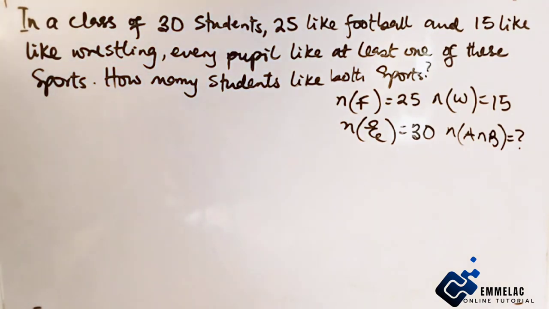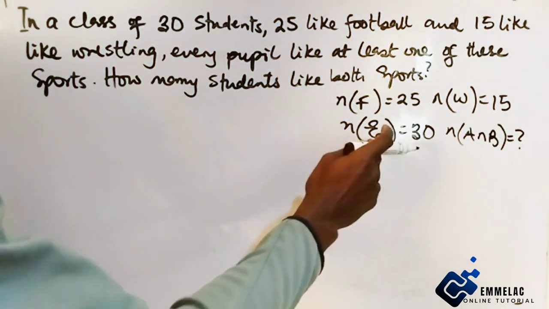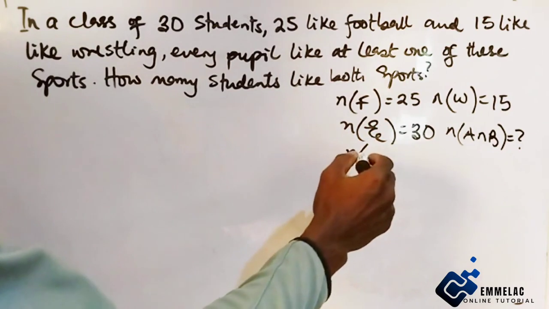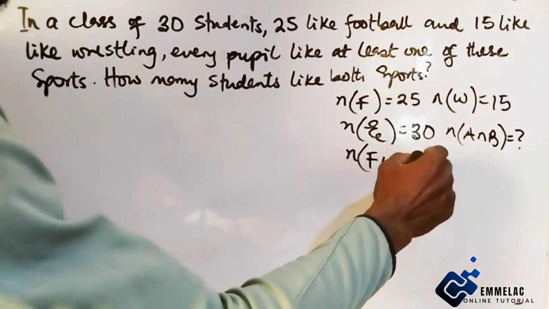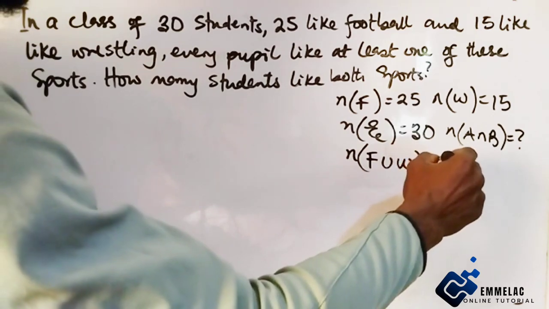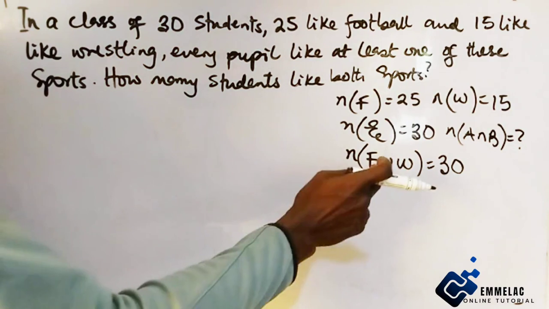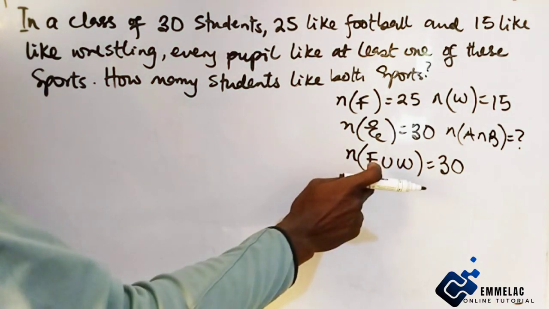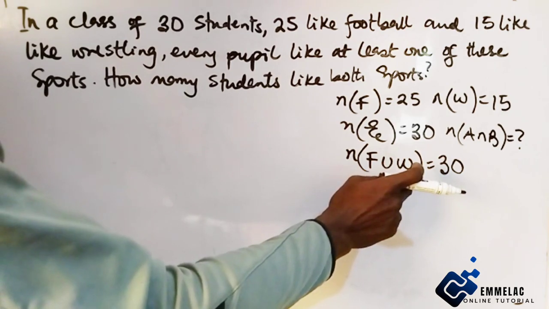How do you get started to solve this? Let us take note that the universal set is the same thing as the total number of students in the class, which is the students that love football or wrestling.